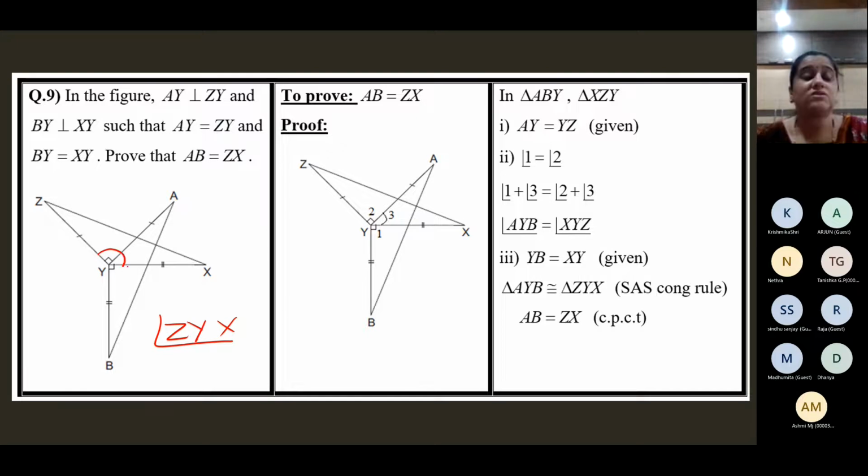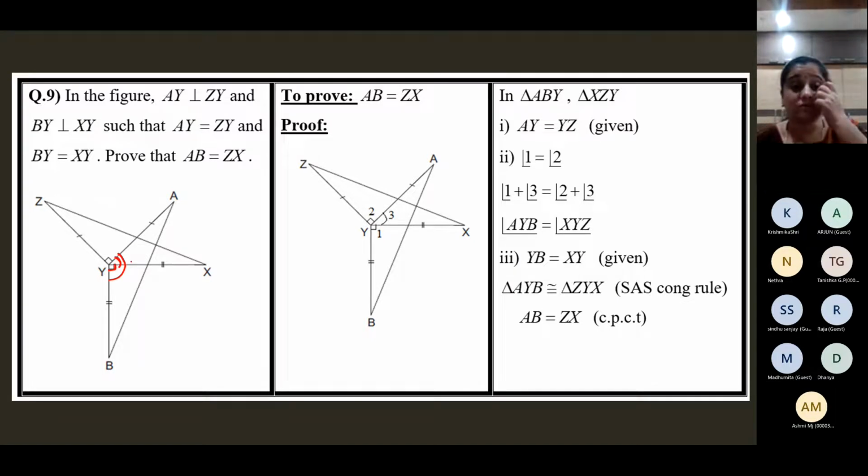This is an angle of the triangle XYZ. You can see the 90 degrees there and one little portion here. In the other triangle AYB, this is the angle AYB. So you can see the right angle and the same little portion.